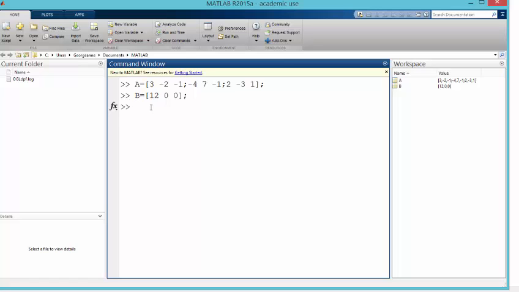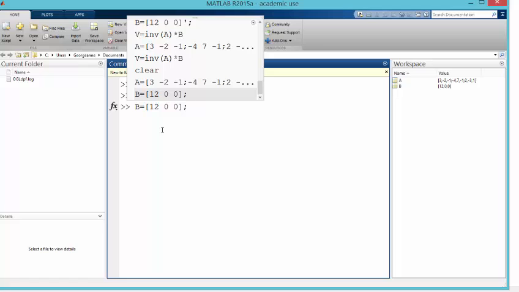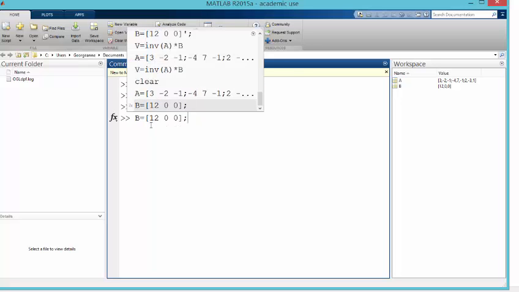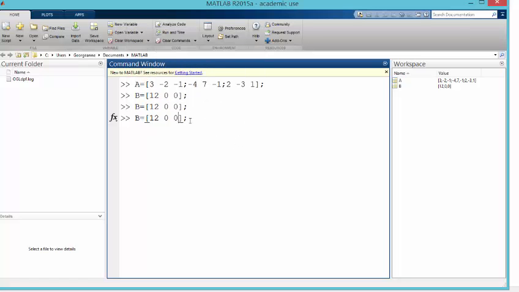I can't go back with my cursor, but I can redefine something. I can press my up arrow and get the things that I've already done. So if I messed up on B, I'm going to click on B. It came back in. There's B, okay. And now I can edit it and do whatever I want with it until I press enter. Once I press enter, it's done.